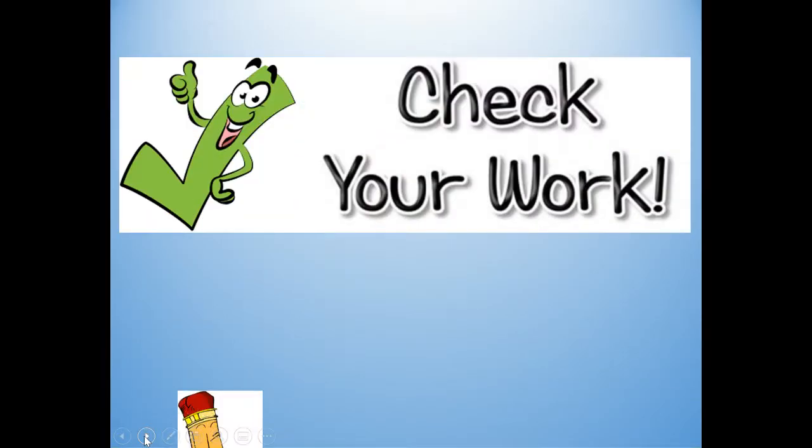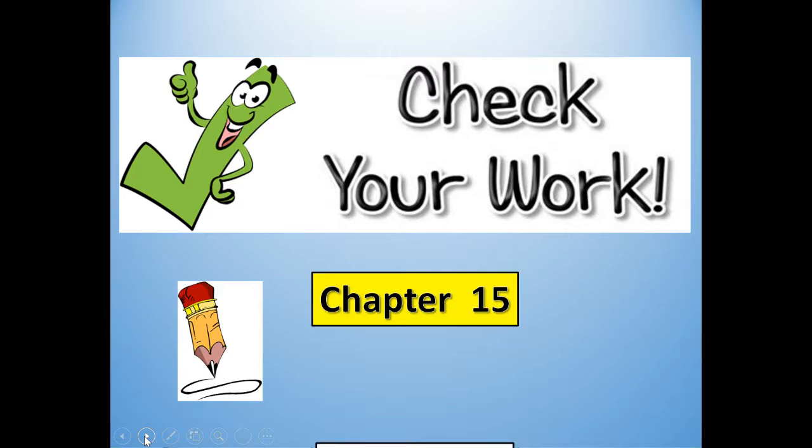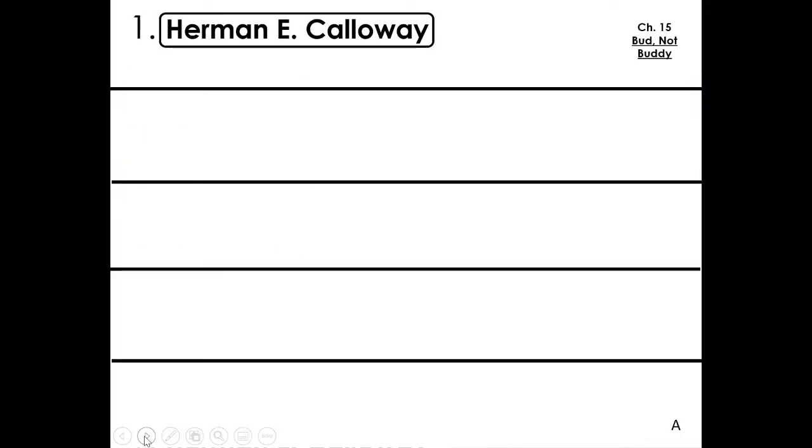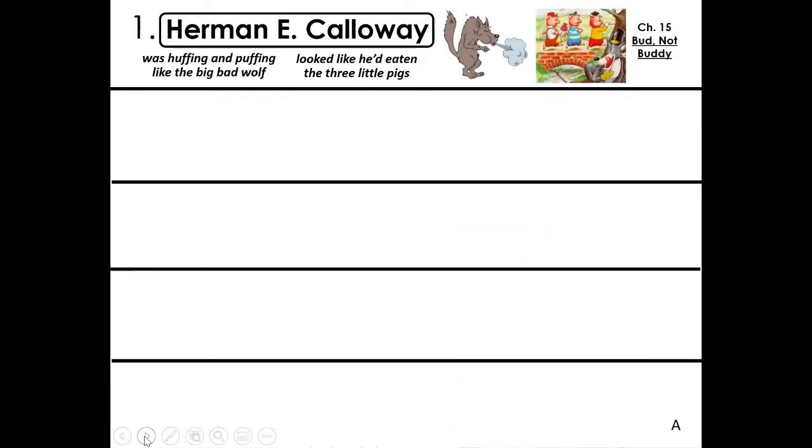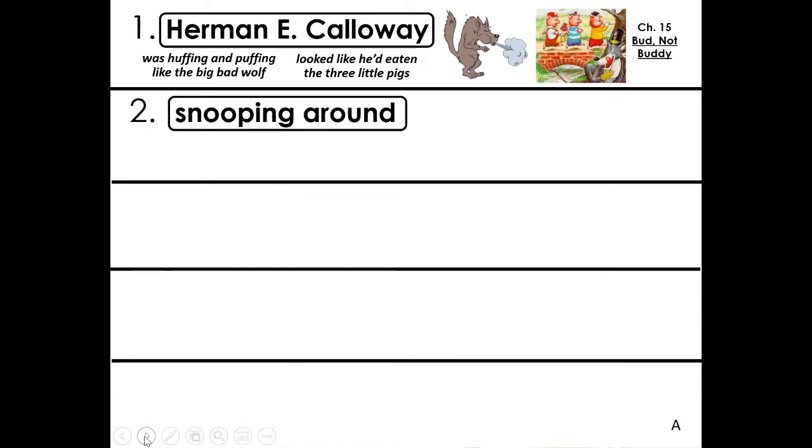Okay, it is time to check your work for chapter 15, words 1 to 10. Number one, Herman E. Calloway was huffing and puffing like the big bad wolf, and Herman E. Calloway looked like he'd eaten the three little pigs because his belly was so big. Number two, snooping around.